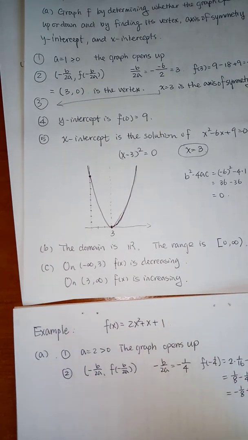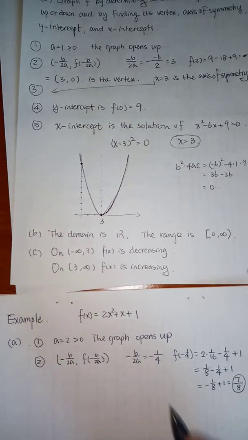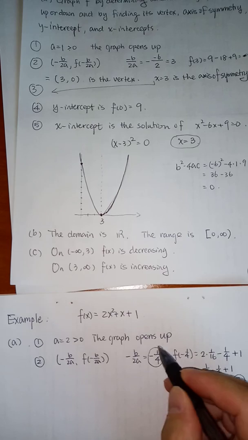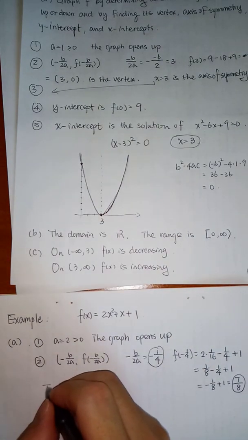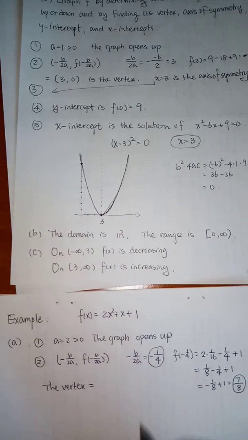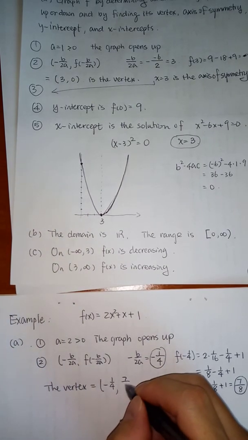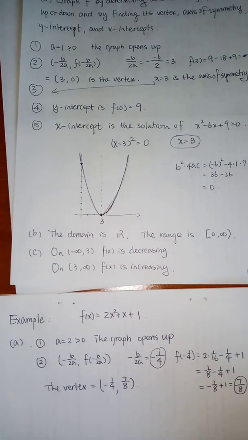So the vertex is (negative 1 over 4, 7 over 8).